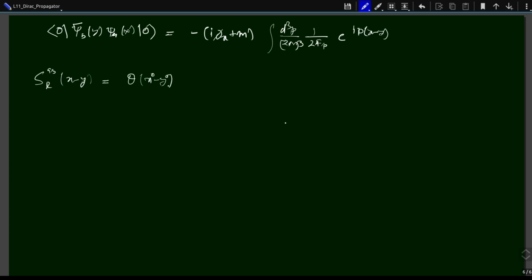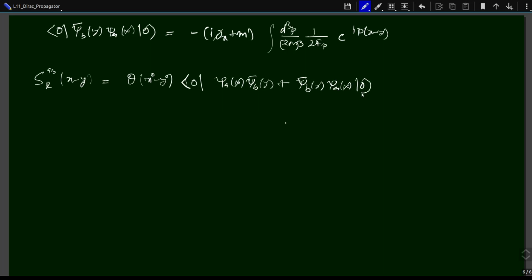That just makes sure that x naught is greater than y naught, but then it takes the expectation value of the anti-commutator, which I simply write as psi a of x psi bar b of y plus psi bar b of y psi a of x.